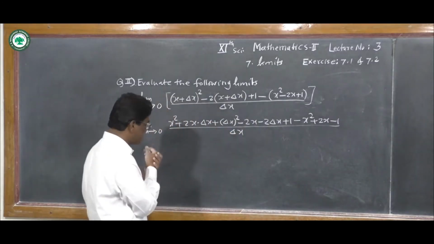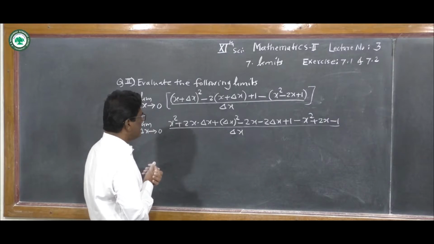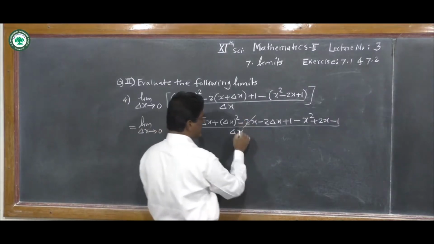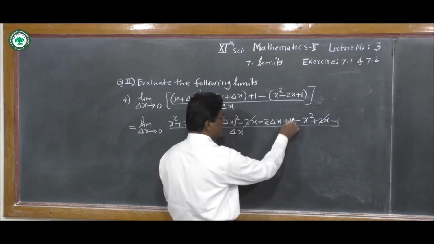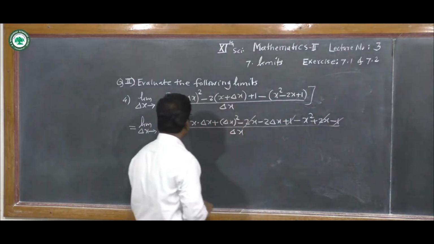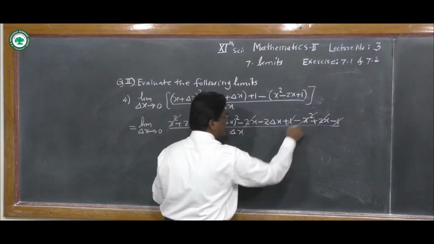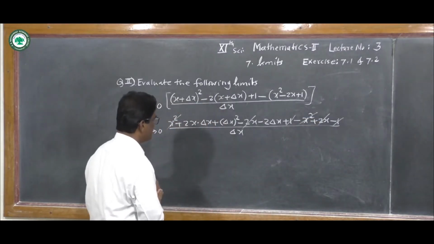Now here, minus 2x and plus 2x get cancelled, plus 1 and minus 1 get cancelled, plus x square and minus x square get cancelled.